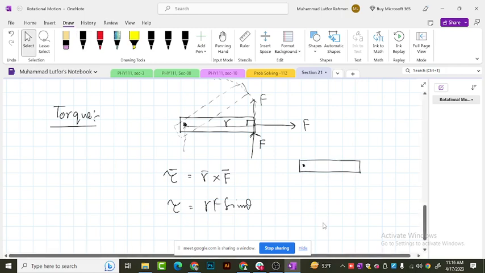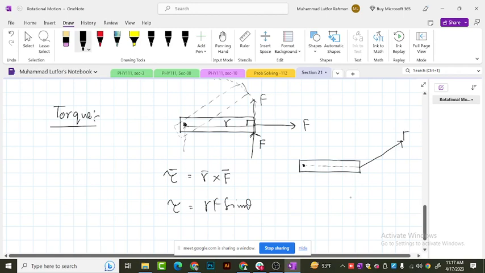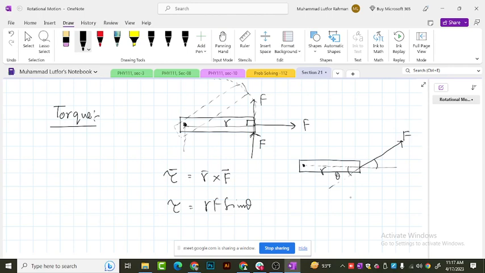Say this is my r, and I apply the force over here. This is my F. This time the system will also rotate. The angle is this one, not that one. Remember, this is the theta.